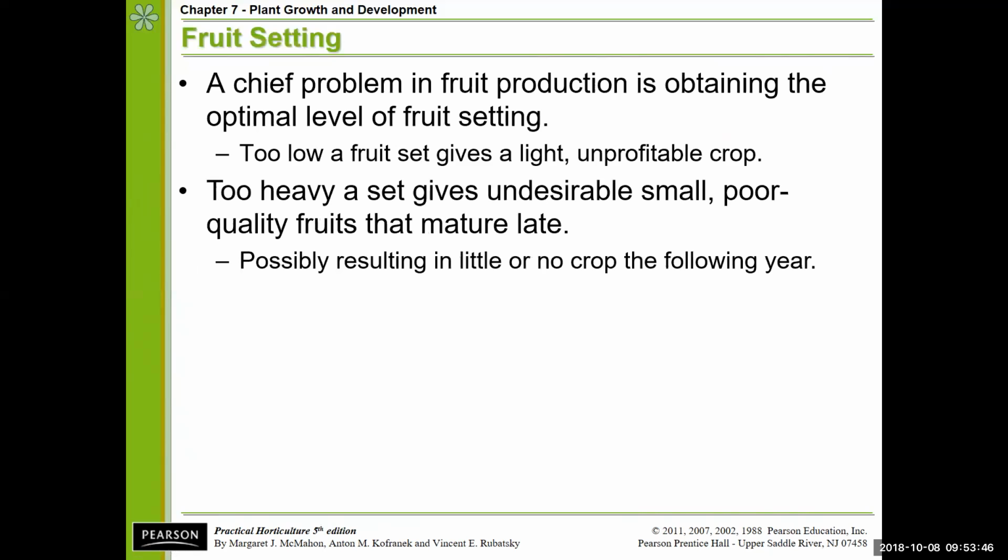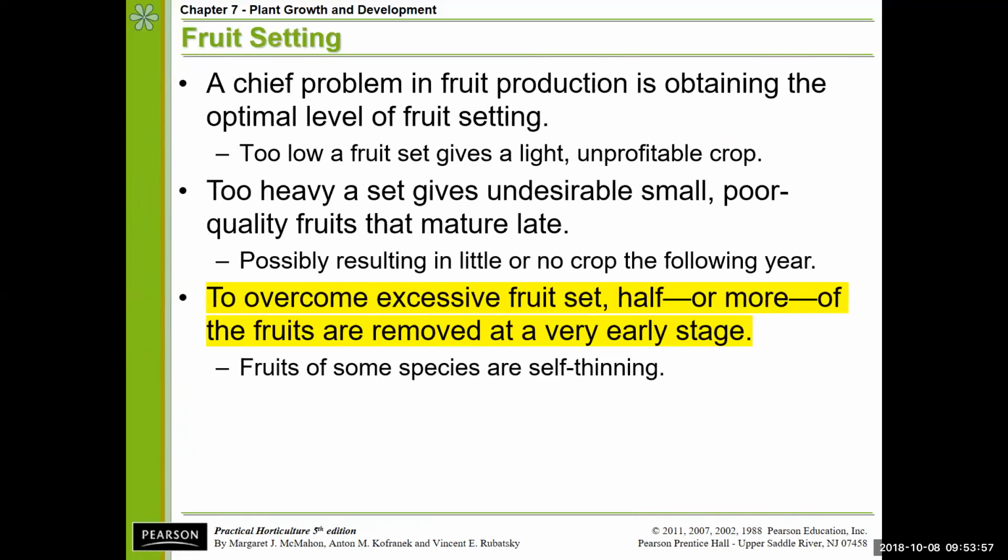With too heavy of a set, we get undesirable, small, or poor quality fruits that tend to mature late. And to overcome excessive fruit set, often we will go in and remove flowers or fruits at an early stage in order to thin those out.